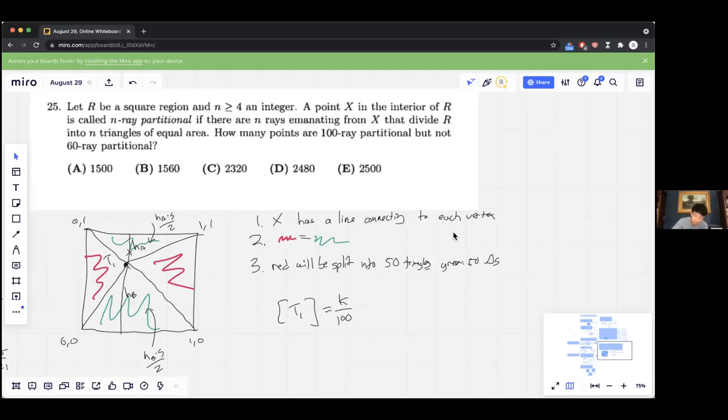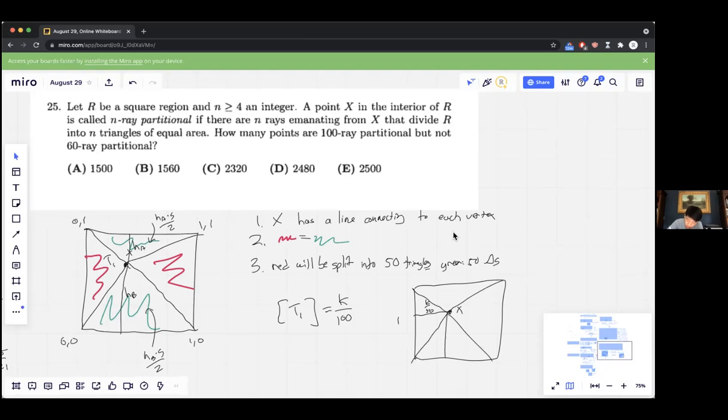And this means that the distance from X to the side has to be k over 50, because k over 50 times 1 over 2 will equal k over 100.